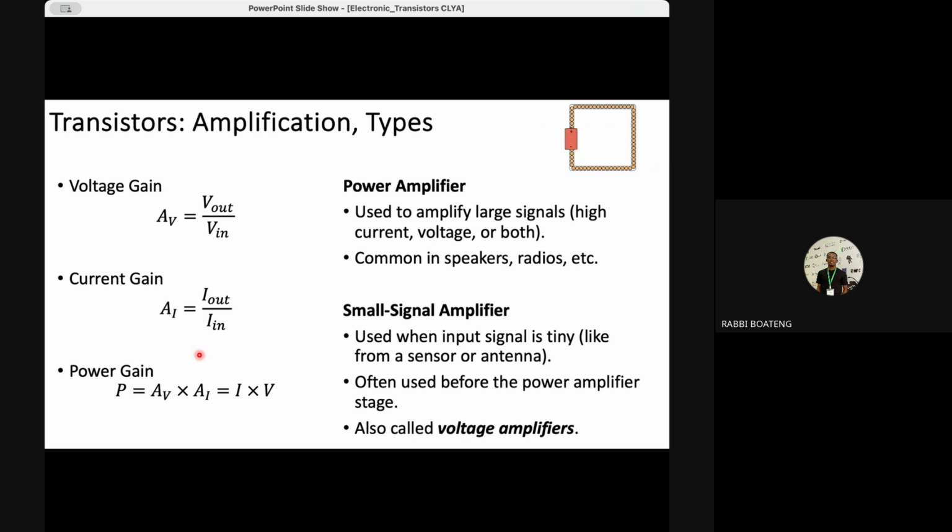Now, I want to ask the class a question. What will be the unit for the voltage gain? So, I think there will be no unit. Okay. What about the current gain? That's no unit, the same thing. What about the power gain?